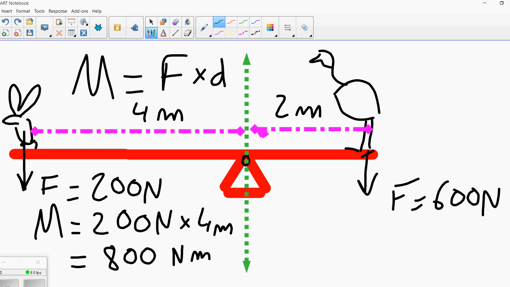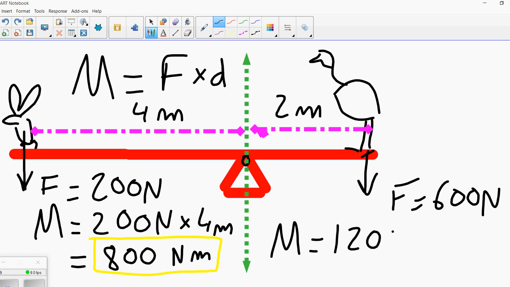Great. So we already have that one on the left. That's our result for the moments on the left side. And we just need to repeat the same process on the right. So the moment on the right is going to be the force 600 times the distance 2, 1,200 Newton meters.